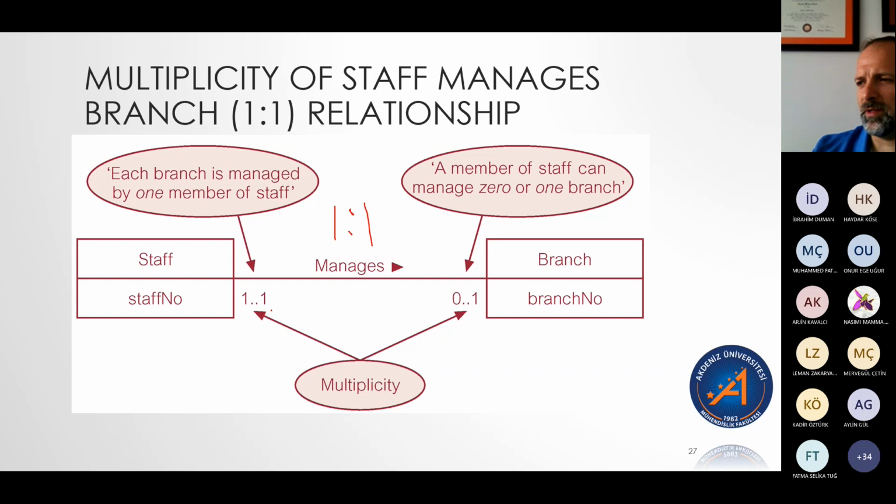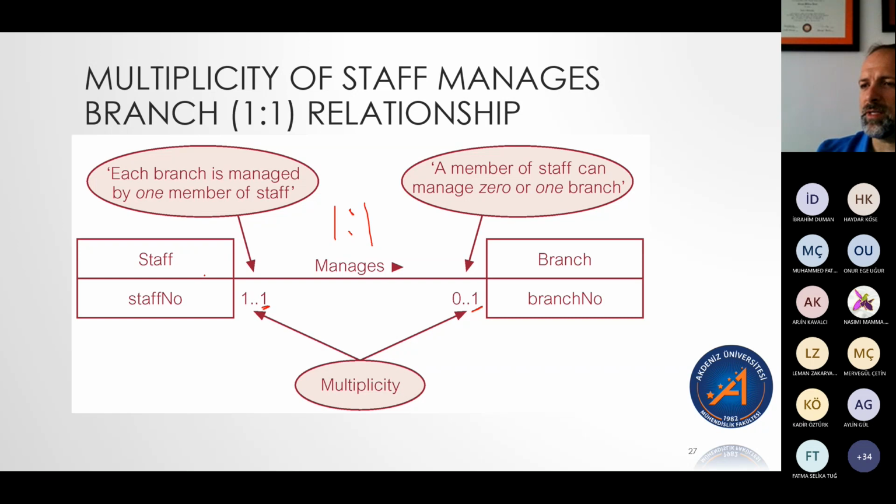So what about these other little dots and side by side dots and stuff? Okay, what's this 0 here mean, and what's this 1.1 and all of this? Okay, all right, so the ones on the right side tell you how many can participate in the relationship.